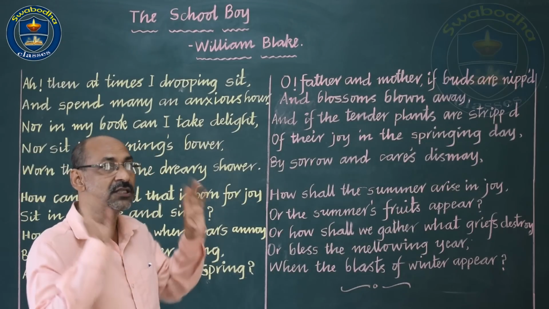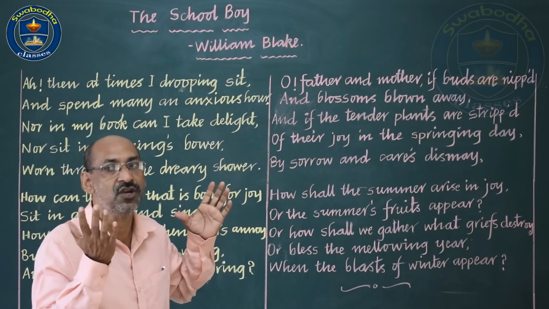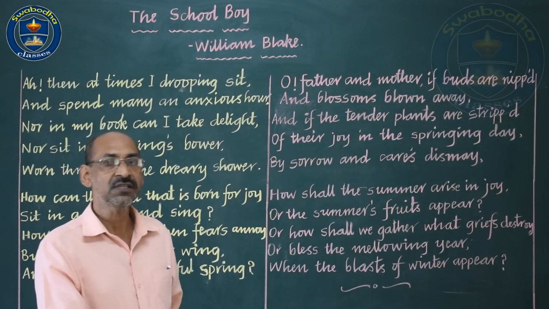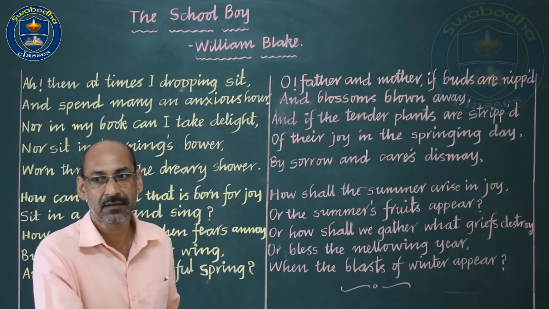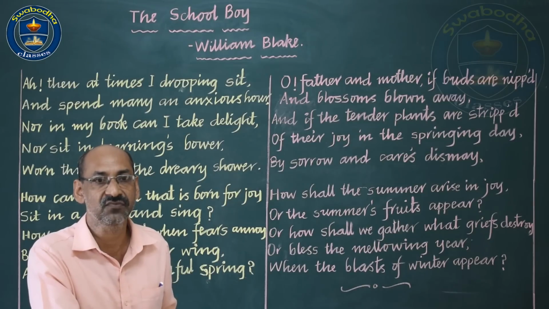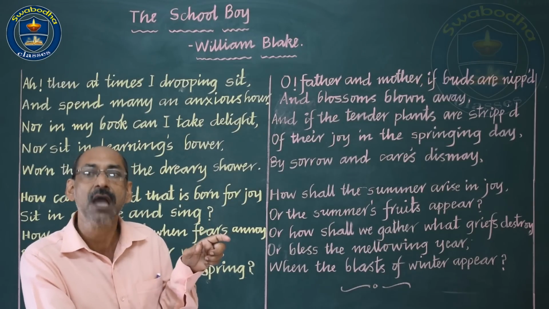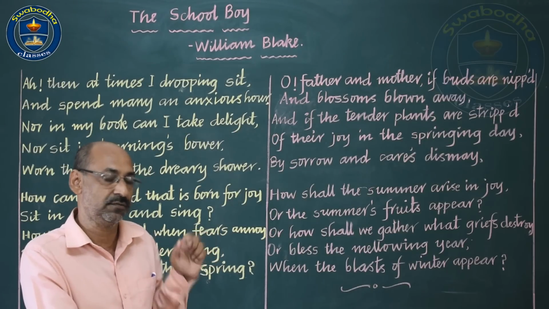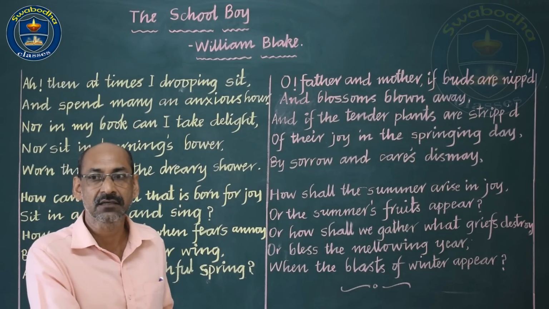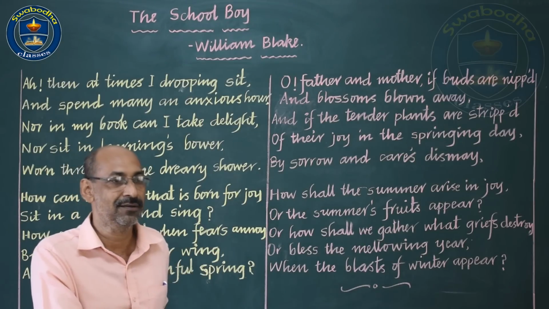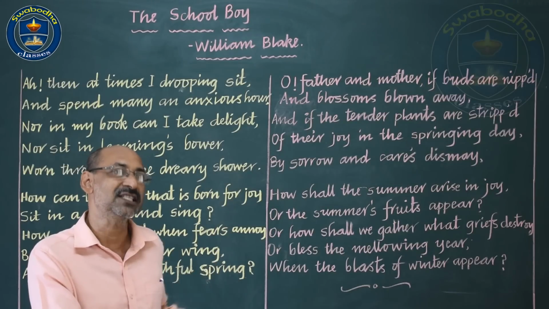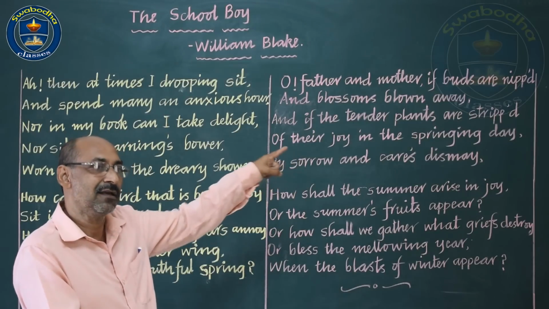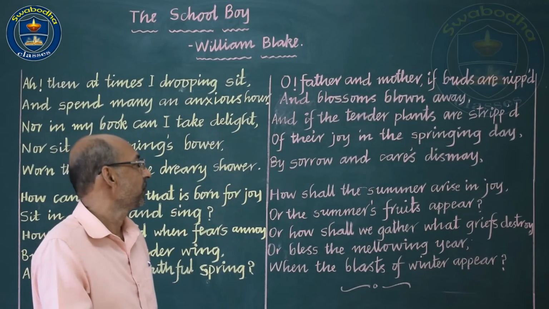Further, just listen to the pronunciation of the expression carefully. Blossoms blown away. Blow, blossoms. The plosive sound produced by these two consonant words indicate an explosion. The boy too is exploding against the system. That is enacted in this alliteration.